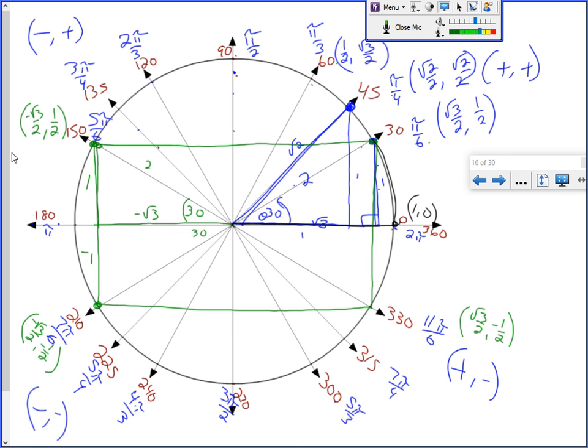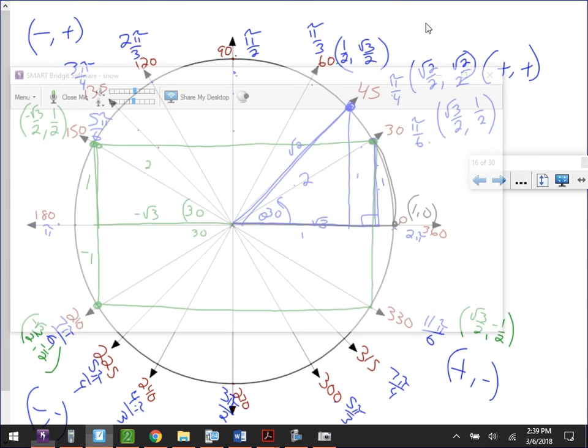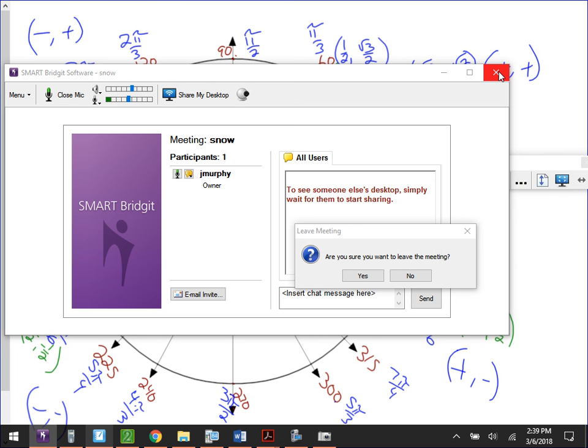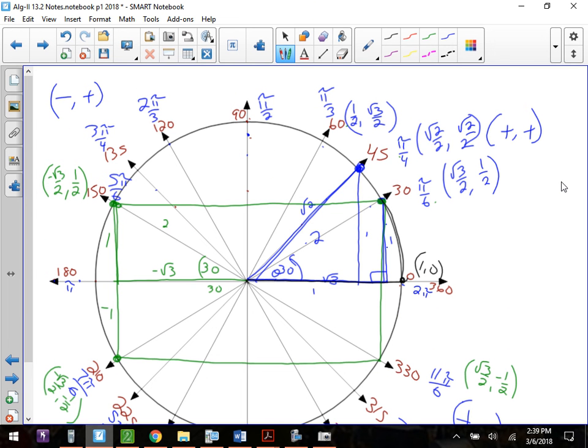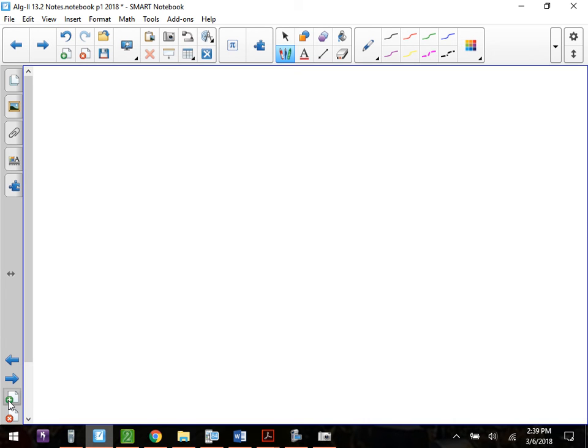Remember, for example, if I'm looking at number 11, it's asking me to figure out one positive and one negative coterminal angle of this.